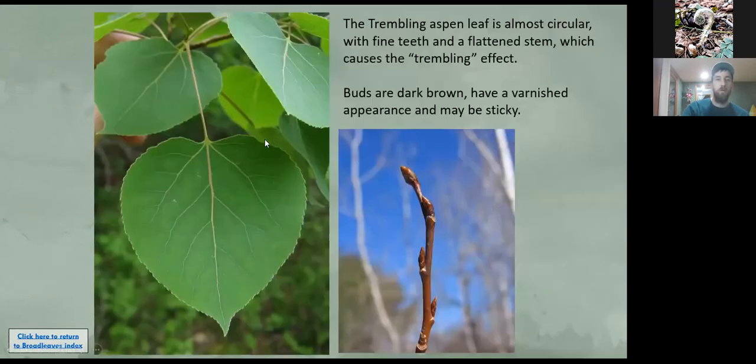So here's our quaking aspen. It tends to have smaller leaves with a finely serrated margin.